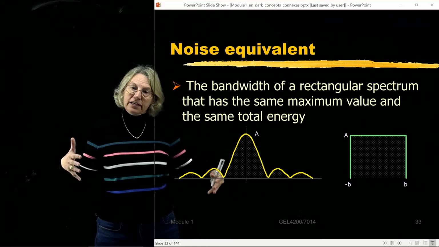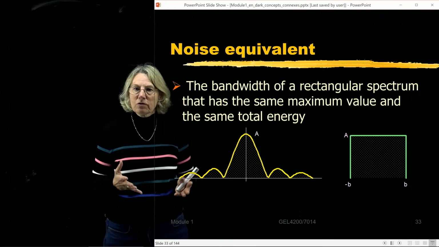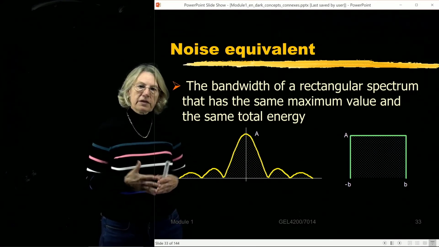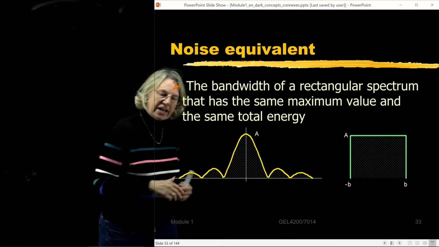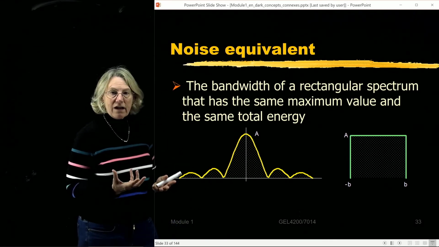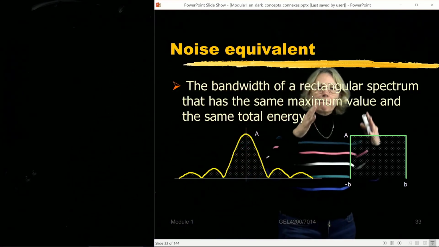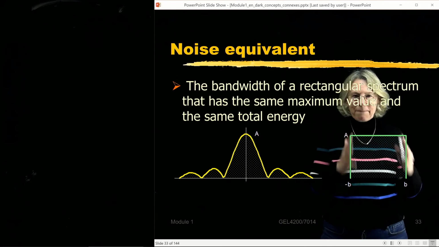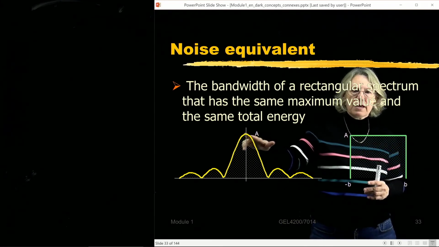But I can calculate the area under the curve. This is a square integrable function, because it's an energy function, because it's a practical function. So I'm going to look for the area under the curve, and I'm going to take that same area and put it in a box. This box is going to have exactly the same maximum value as this one.